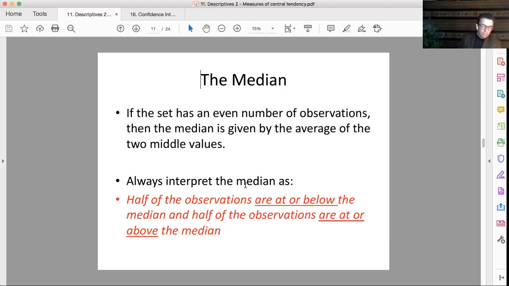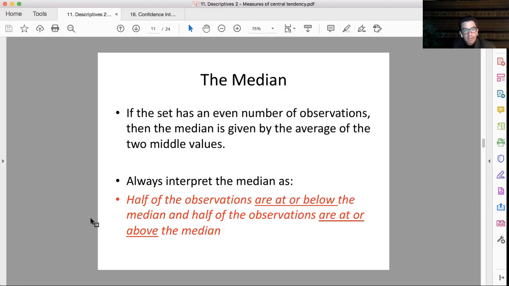So if we were told that, for example, the median income for households in Monterey County is $60,000, then how do we interpret that number?